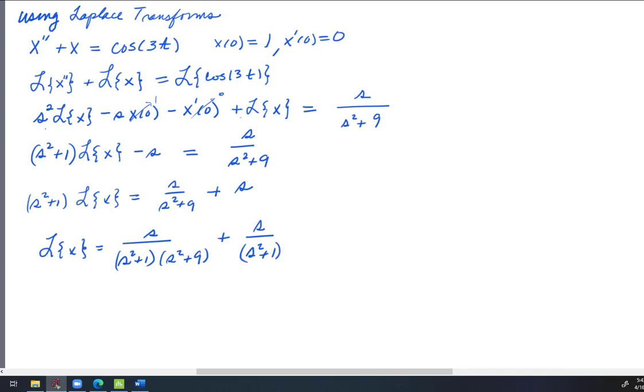Now I'd like to have a common denominator here, and so to get the common denominator, I would multiply numerator and denominator by s squared plus 9.